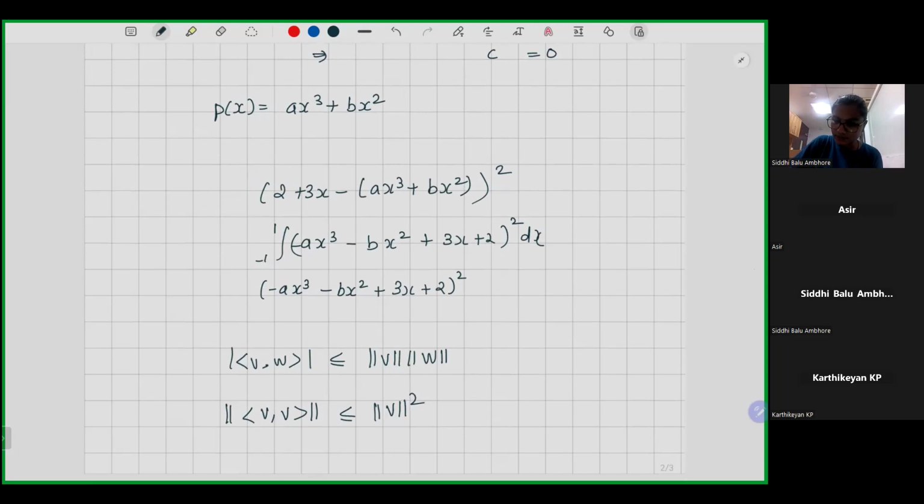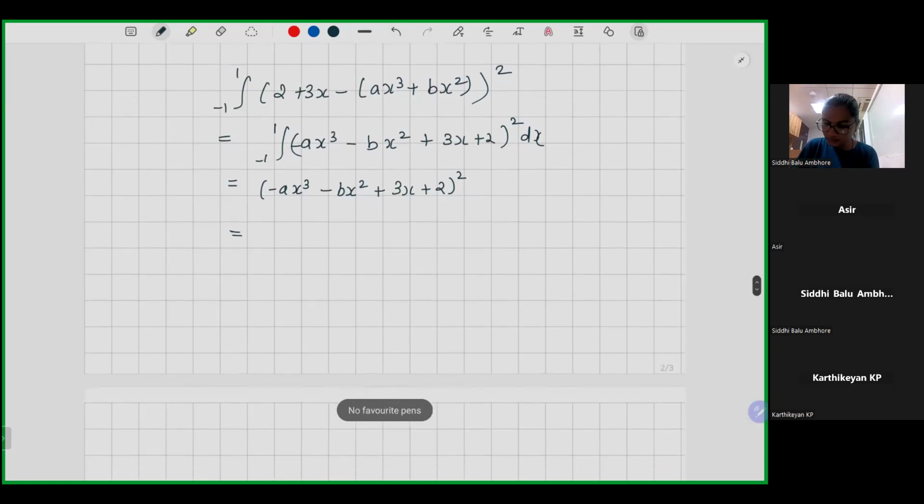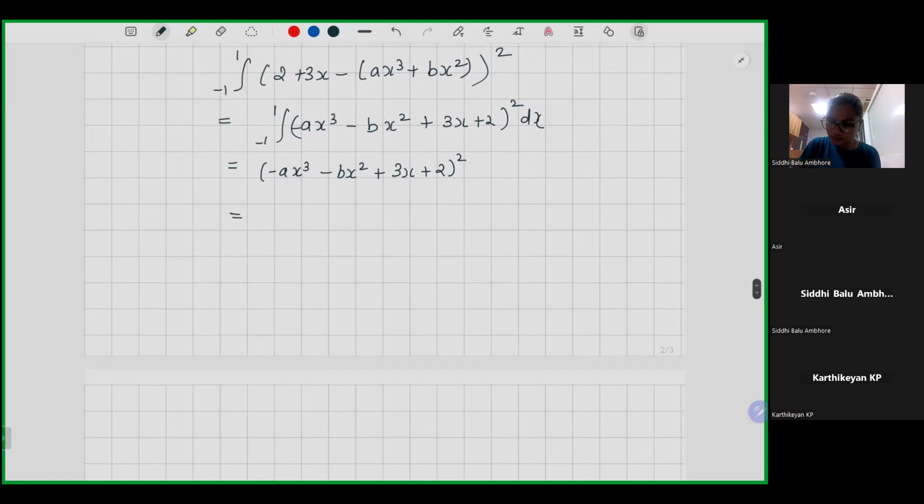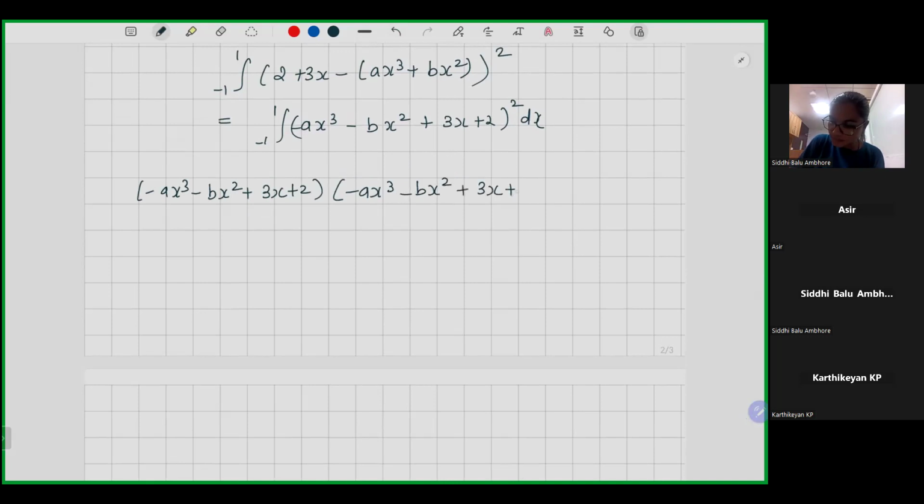Just calculate first the square of this term: minus ax cube minus bx square plus 3x plus 2. Let me just copy this.